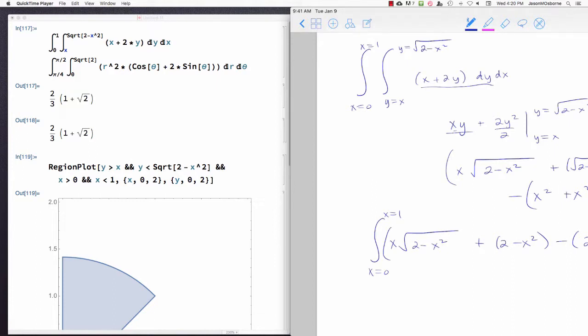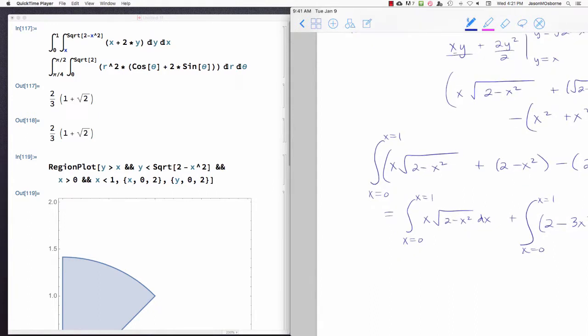Paying careful attention to the minus signs. Okay, so still not seeing anything that's going to be really difficult in our future, x going from 0 to x is equal to 1, x square root of 2 minus x squared dx plus the integral from x going from 0 to 1 of 2 minus 3x squared dx.